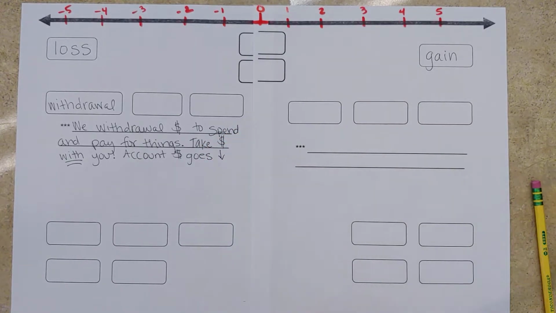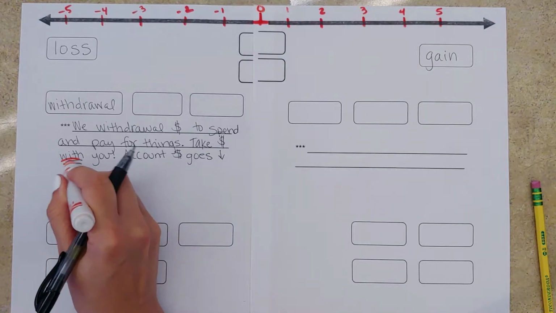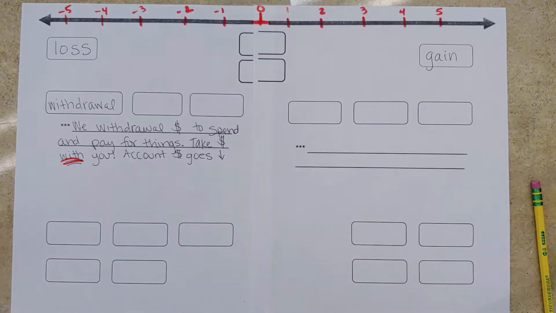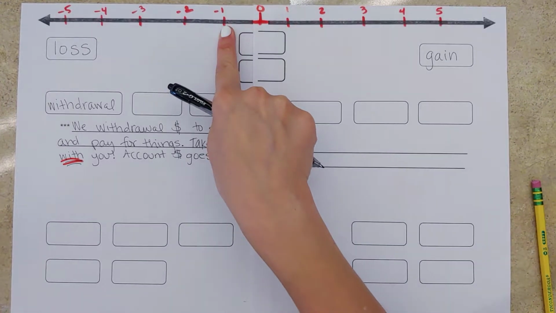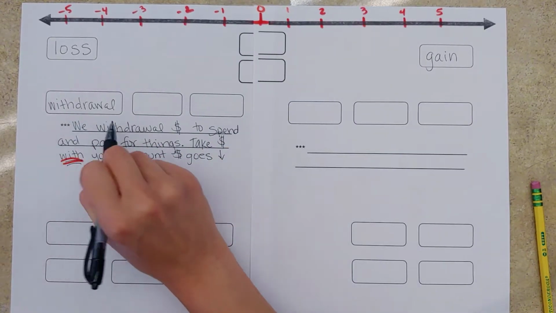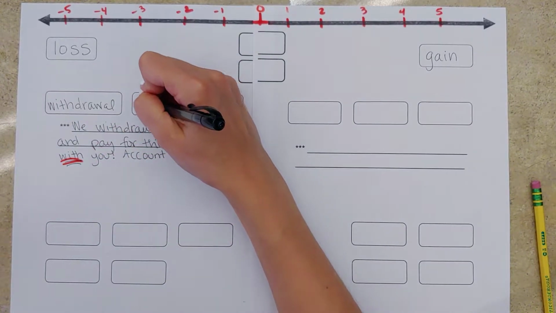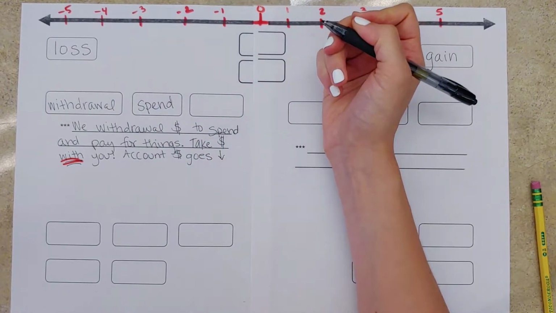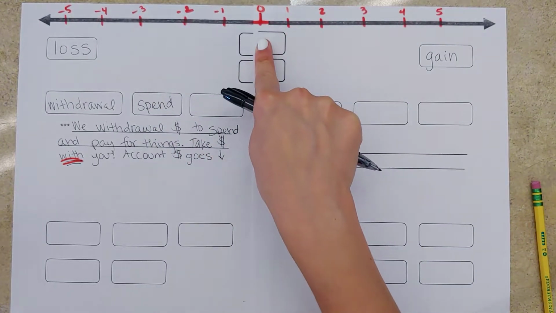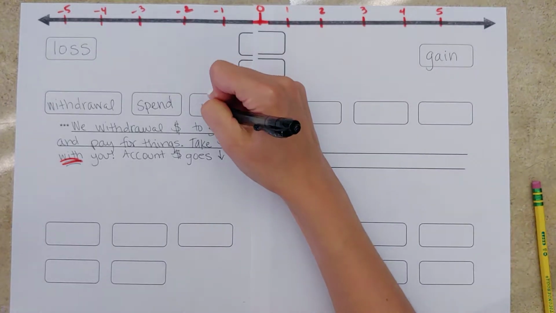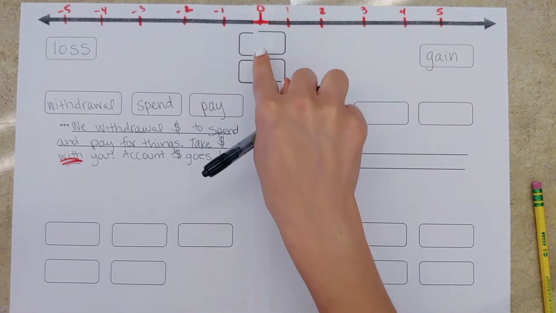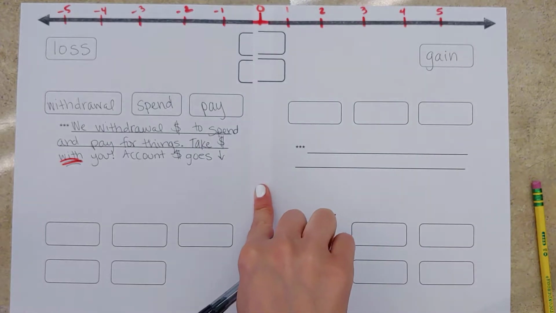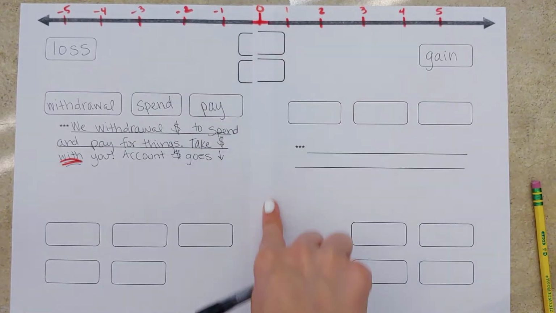Yes, we have more money in our pocket, but we're about to spend it, and as soon as you make a withdrawal, our account immediately shows the amount goes down. Along with that, anytime we spend money, that's associated with negative integers because our account goes down. And anytime we pay for stuff, the amount of money we have goes down.